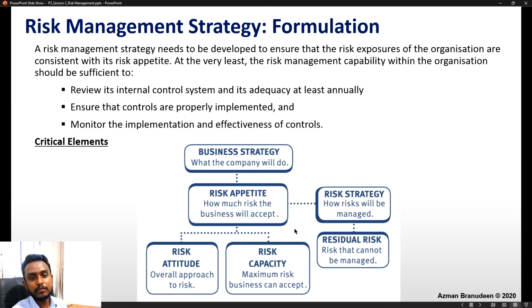They can have a lower risk appetite because the external environment deems the situation to be challenging, and therefore their risk attitude might be a more risk averse one. So you mix a risk averse attitude with a difficult external environment, and therefore even a business with a high risk capacity might have a low risk appetite.